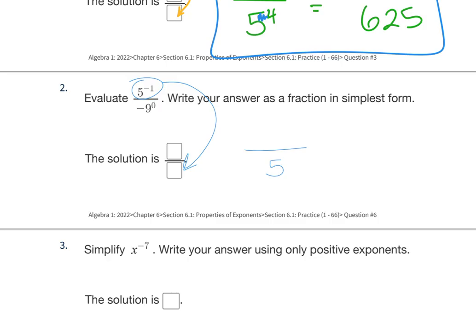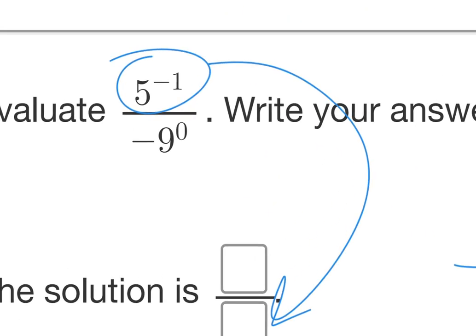It's understood. Now, this piece right here is a little annoying because you have to almost think like a calculator. What I mean by that is that this exponent right here is only applying to this number right here, and this negative is floating out in front.